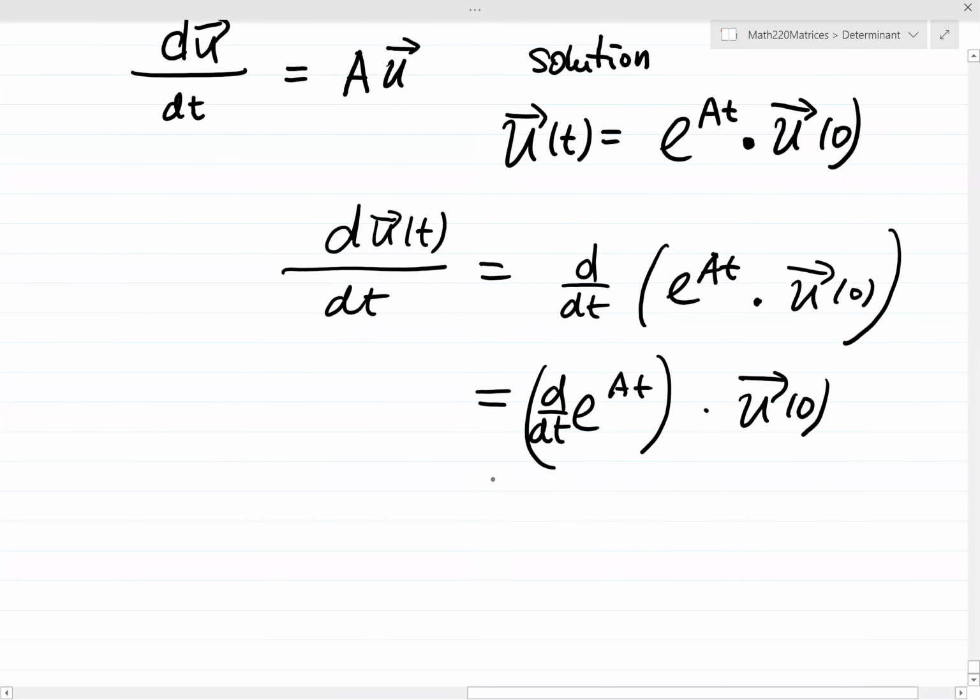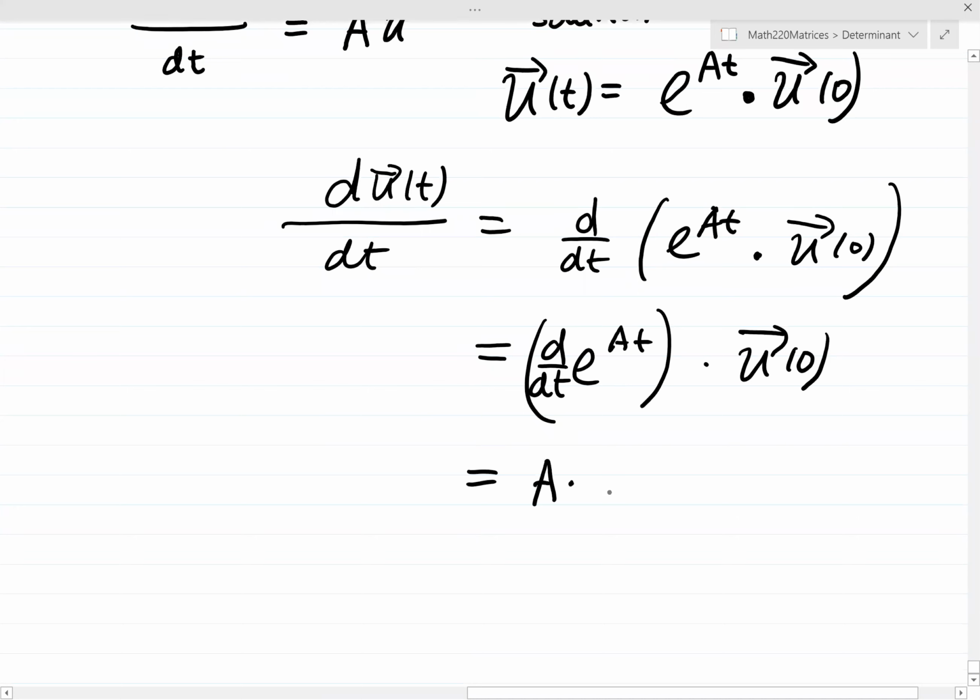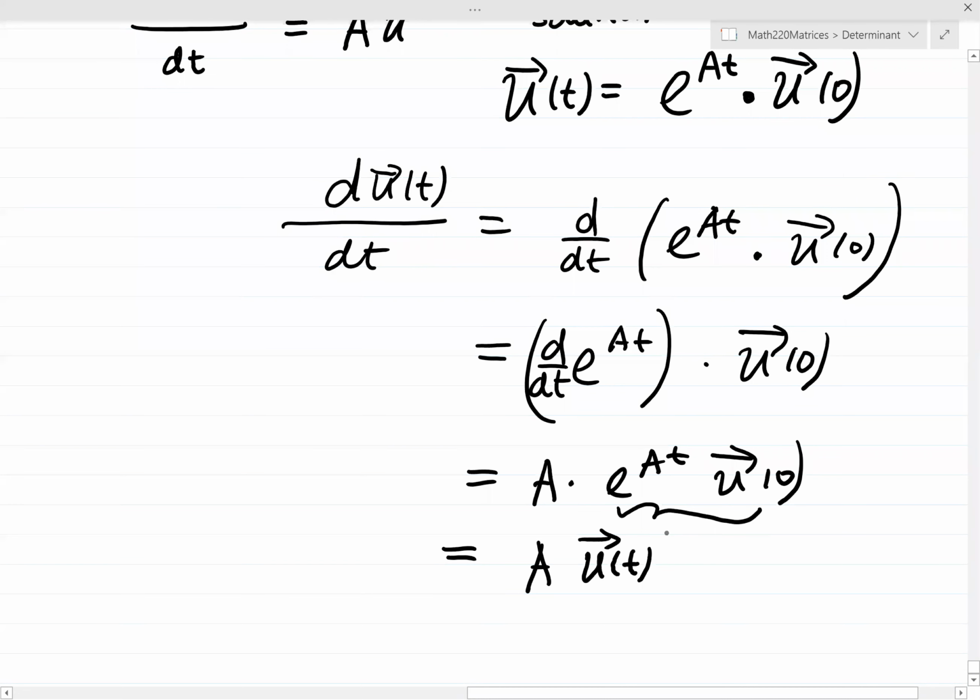Then this is A times e to the At u0. Now e to the At u0 is actually u(t). So you see u(t) satisfies this equation.